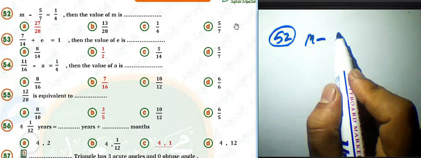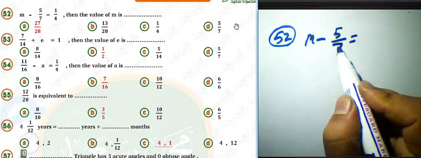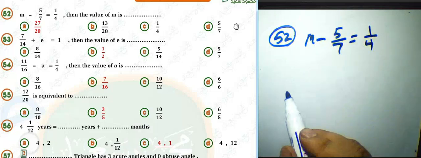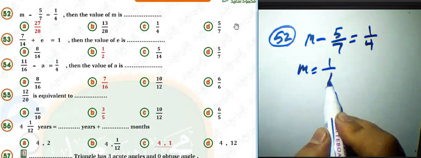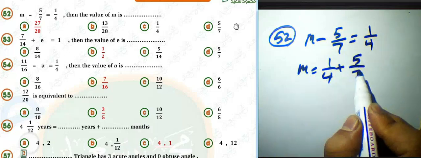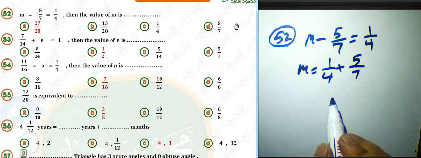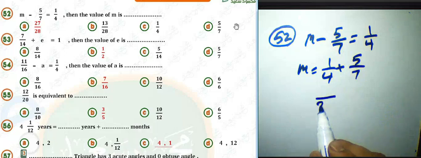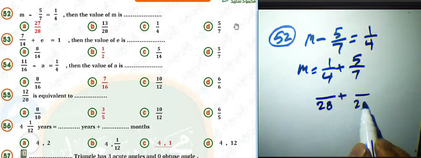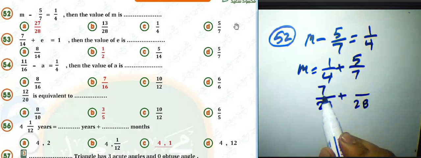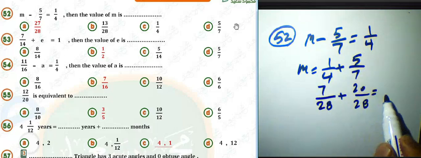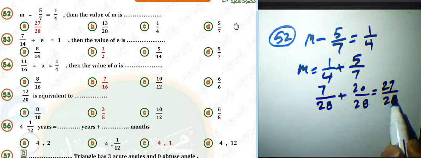M subtracted by 5 over 7 is 1 over 4, so M will be 1 over 4 plus 5 over 7. We can write the least common multiple between them, which is 28. 7 times 1 equals 7, 4 times 5 equals 20, so the result will be 27 over 28. Letter A.